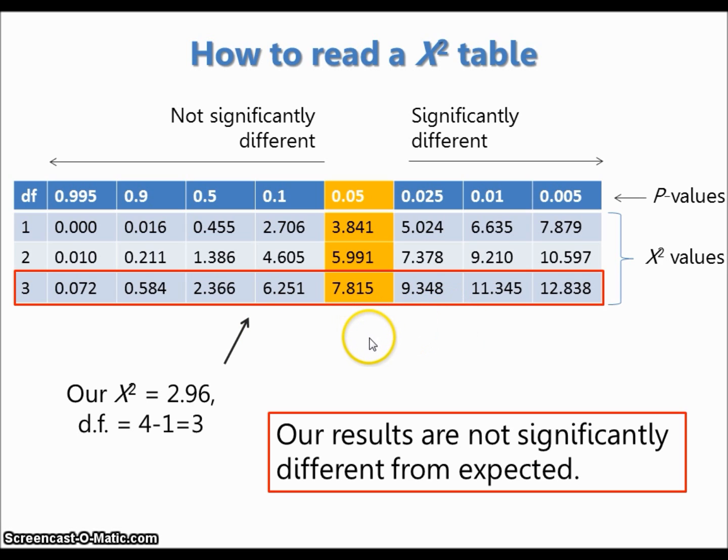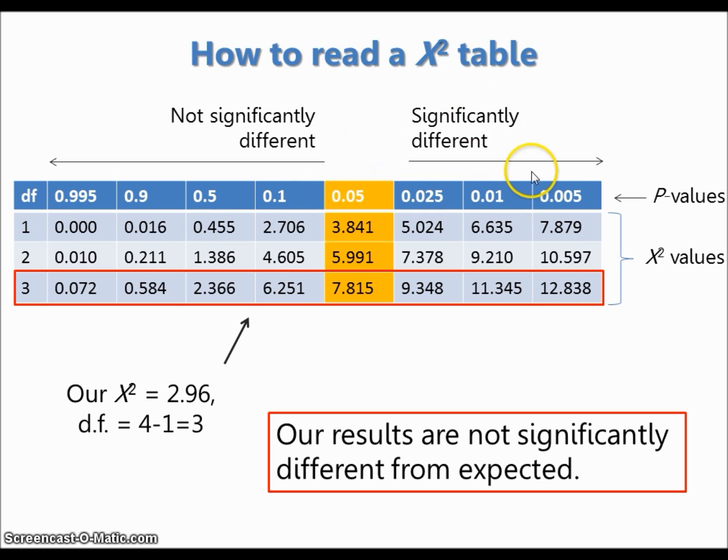Now, in reporting p-values, because our chi-square table is not completely accurate, you're obviously going to find usually your chi-square value falling somewhere in between different categories. So when reporting p-values, if it's not significantly different, it is okay just to say greater than 0.05. That's fine.